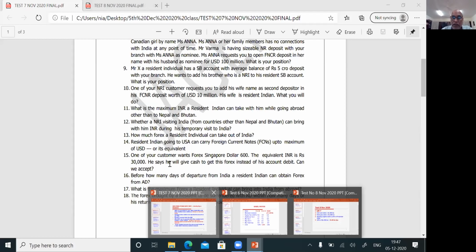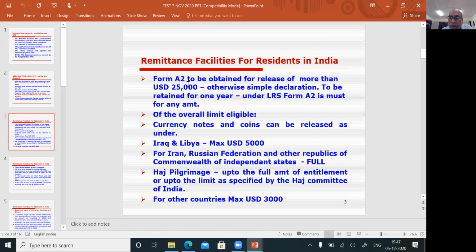Before going to how much he can carry, to a resident individual, how much forex can you release maximum? You can release 2,50,000 US dollar. Banks have to obtain a form called Form A2 for releasing forex of more than US dollar 25,000, other than for imports.